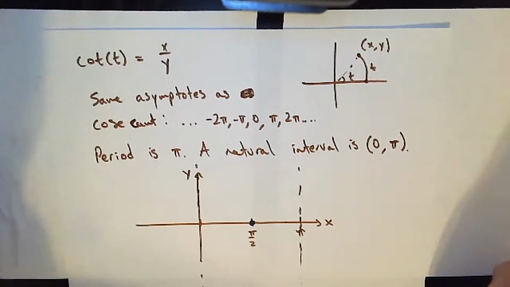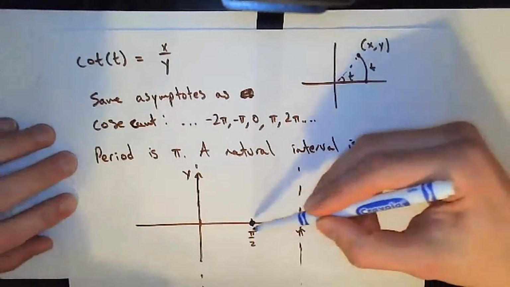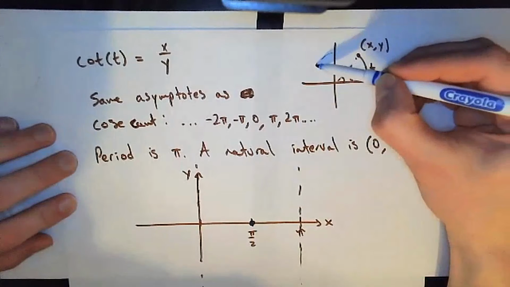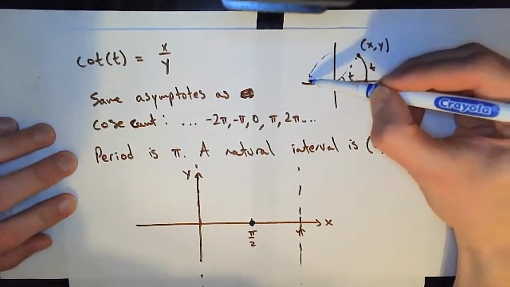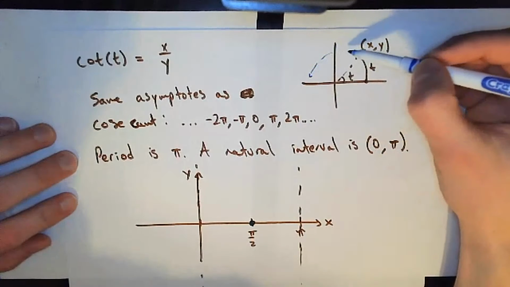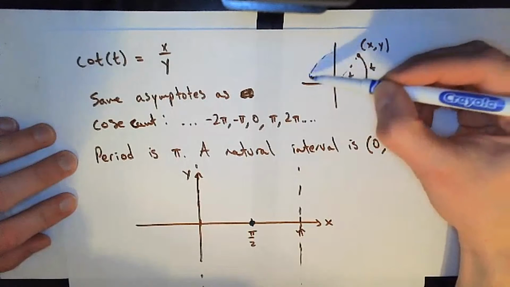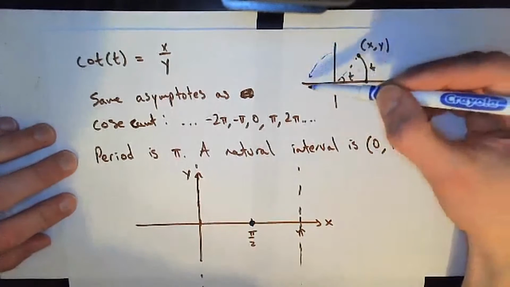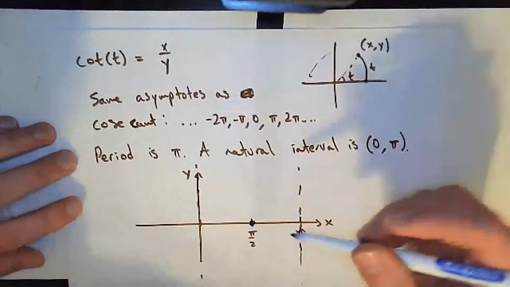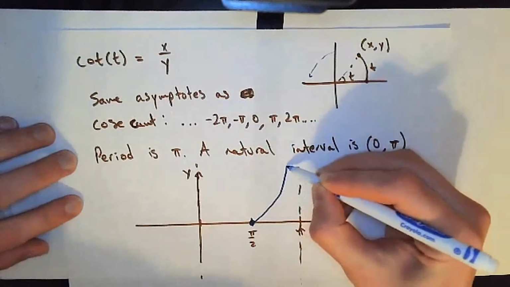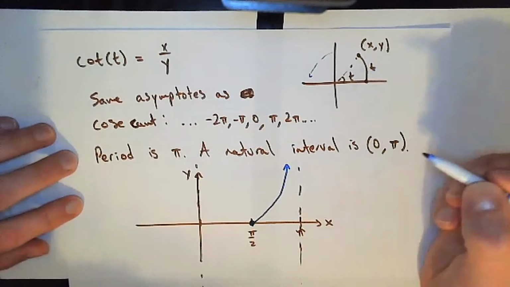Now, as we go from pi on 2 to pi, what is happening to the y value? The y value is getting very small, and it's positive, so this fraction is going to blow up to infinity.